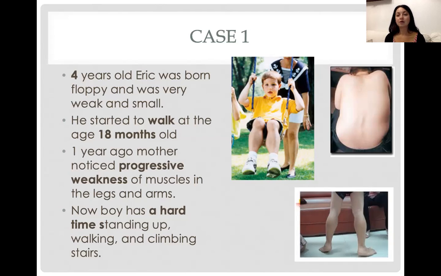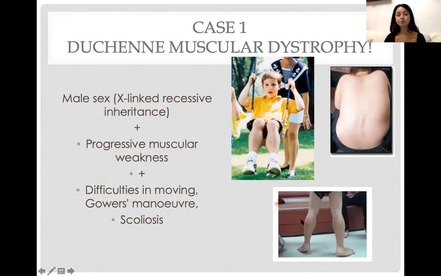You remember that you may suspect Gowers' maneuver. You will check it. In the picture, you see the child has a deviation of the vertebral column. And you think about Duchenne muscular dystrophy.